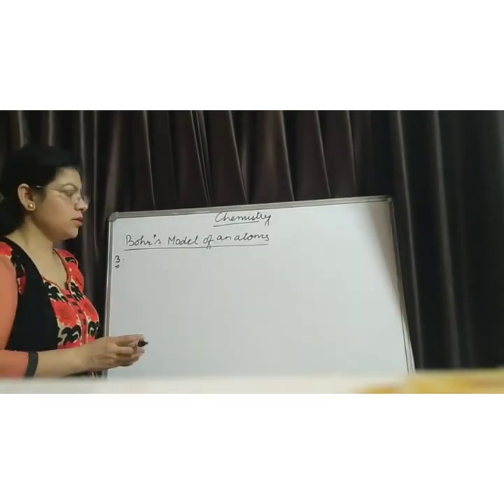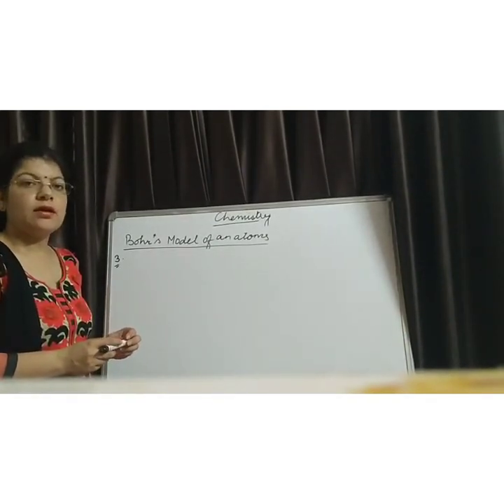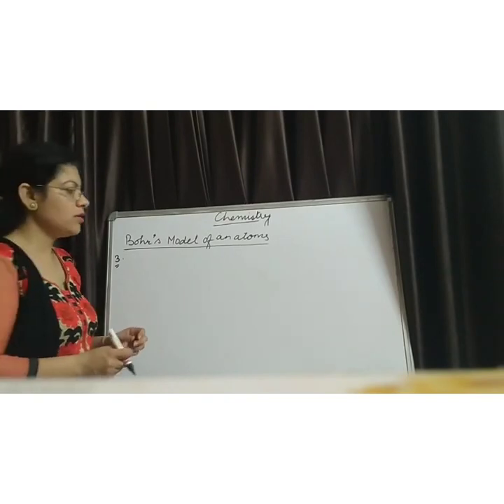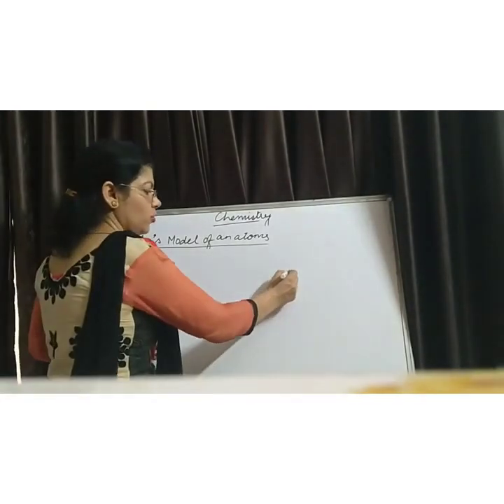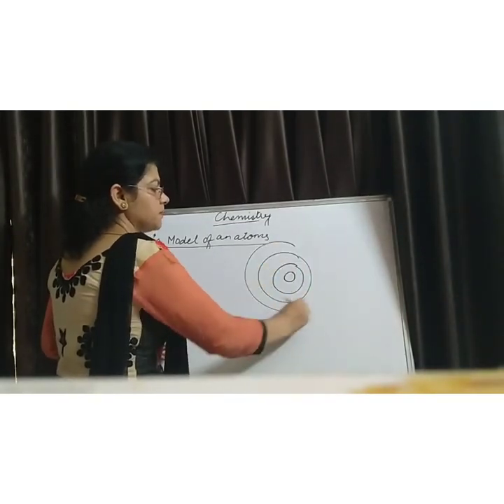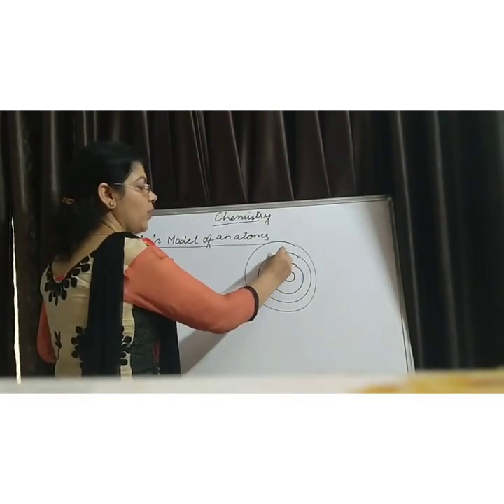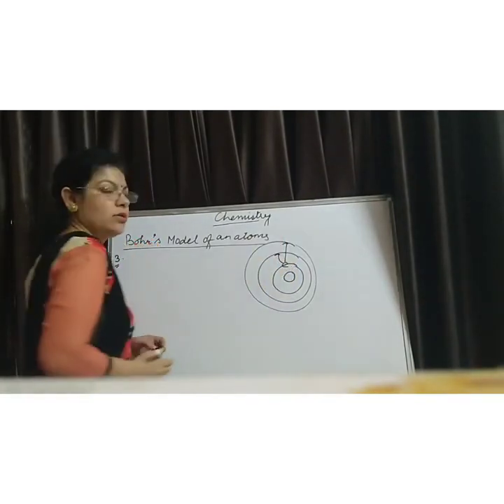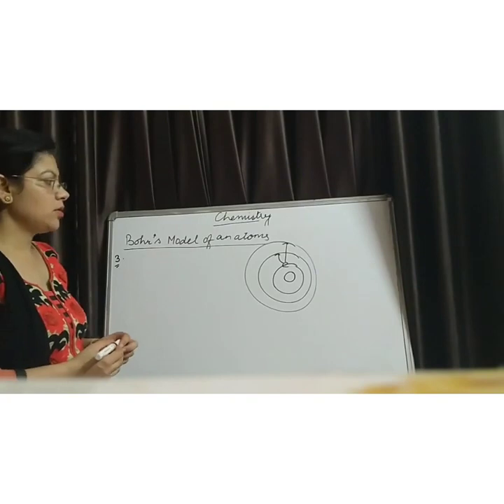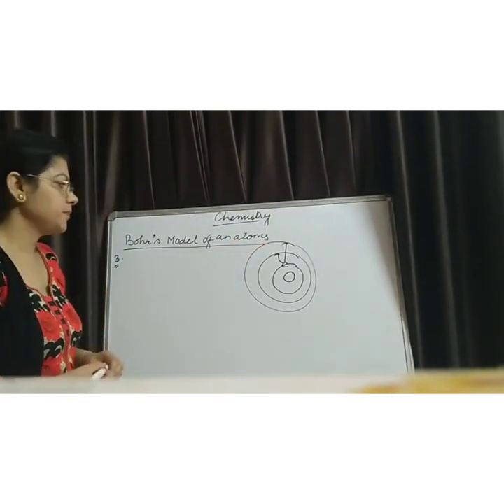Next point is when we supply the required amount of energy to the electron, then the electron will jump into higher orbits or into an excited state, the orbits which have higher energy.